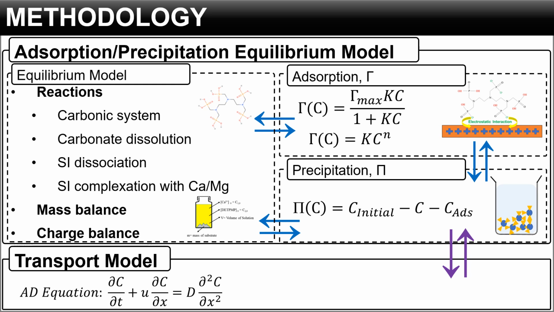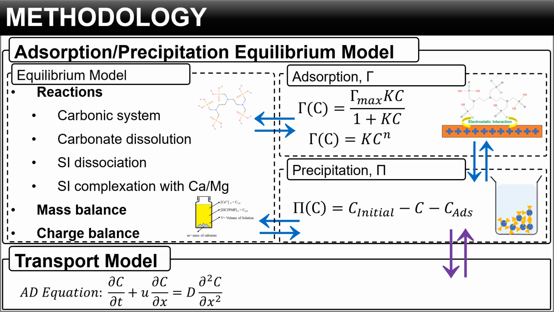Now we have the coupled equilibrium model, and we need to couple this comprehensive equilibrium model to the transport model, because we are going to use this model for scale inhibitor squeeze treatments. For the transport model, we are considering the advection diffusion equation first and calculating the concentration of each species in the system for each cell at each time step. At the end of each time step, we input all of the concentrations into the equilibrium model.